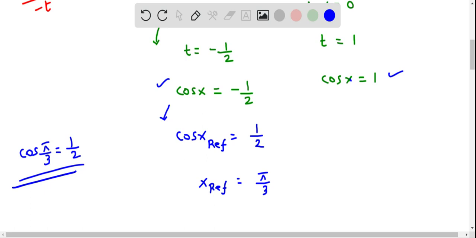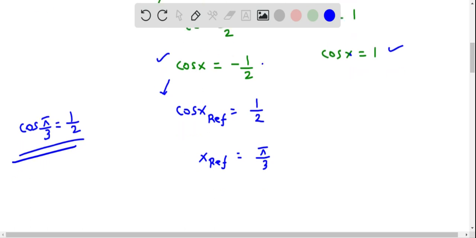So we found the reference angle, but that's not the actual angle which we have to solve. We have to determine the actual angles. For that, we are going to bring in the quadrant concept. We have to understand in which quadrant cos x is negative. Cos x is negative in the second quadrant as well as in the third quadrant, according to the CAST diagram.